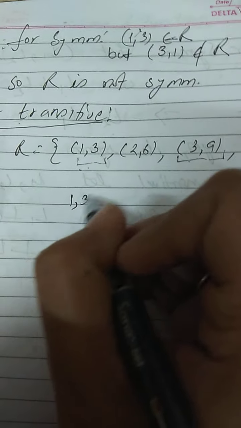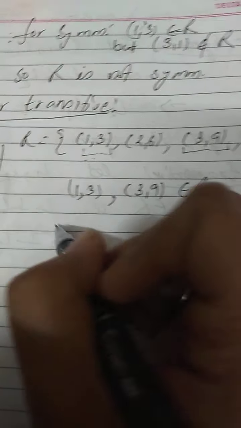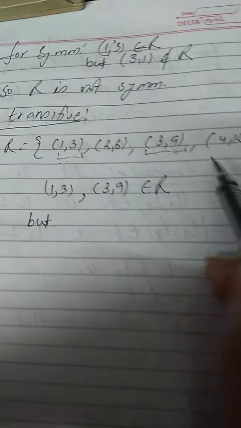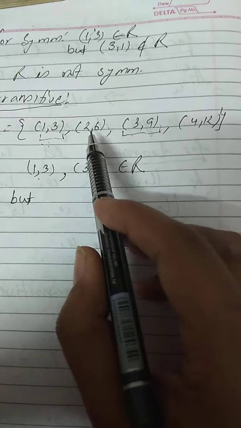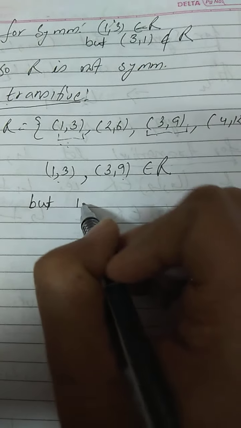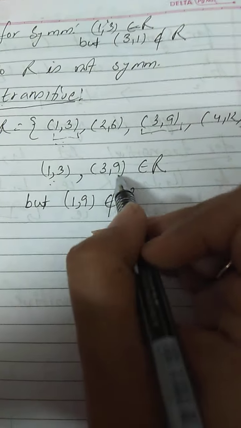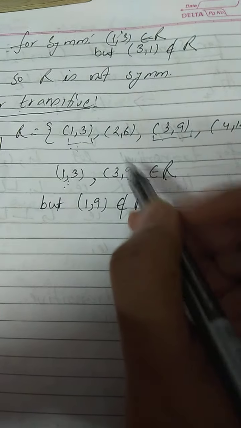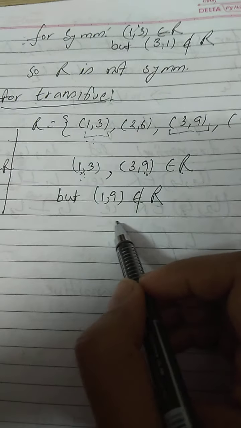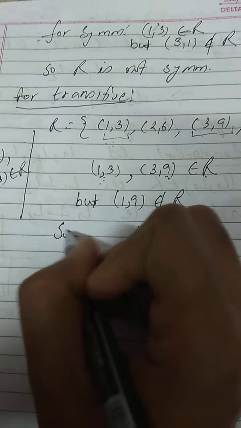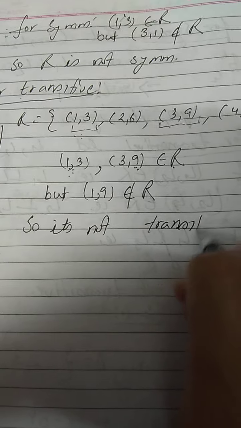So (1, 3) and (3, 9) belong to R. But do we have the ordered pair (1, 9)? No. So (1, 9) does not belong to R, because once these two ordered pairs are present in the relation, I have to check the relation between 1 and 9. It is not present. So it is not transitive.